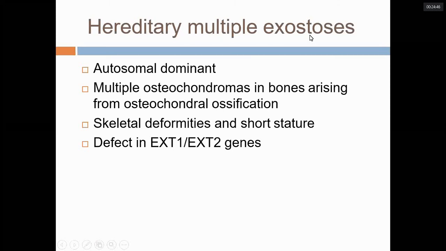Hereditary multiple exostoses: osteochondroma is also called exostosis. It's an autosomal dominant disease associated with multiple osteochondromas in bone, arising from endochondral ossification. The patient presents with skeletal deformities and short stature, and this disease is associated with a defect in the EXT1 and EXT2 genes.